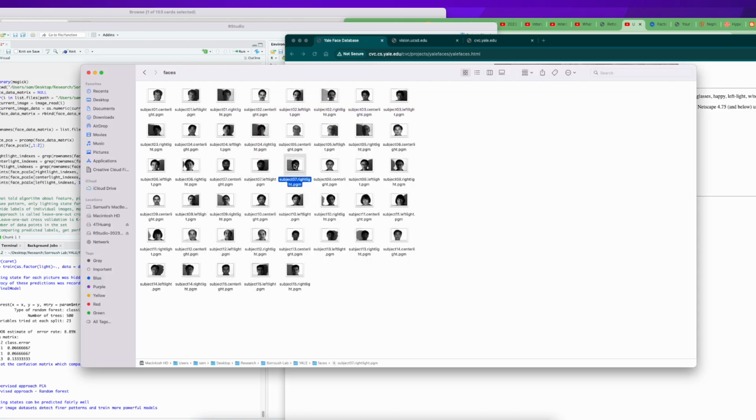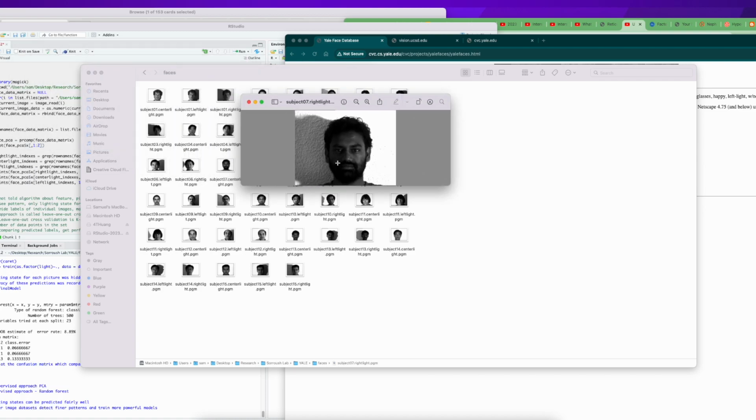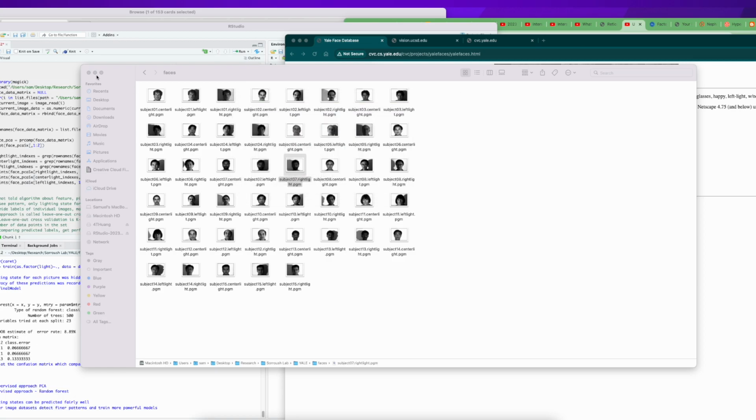It will do this for all the images and convert all of them into pixels. So what you'll have is the rows being 45 individuals, and the columns being each pixel, populated by the shade of gray from 0 to 255.